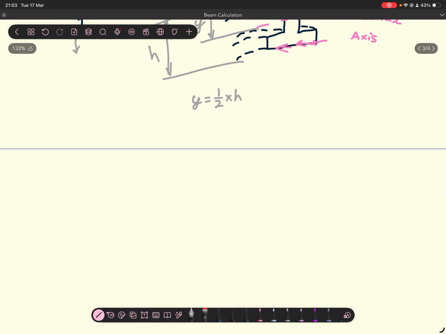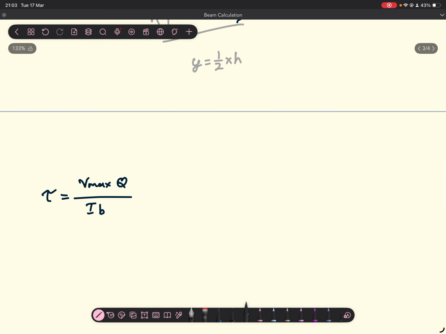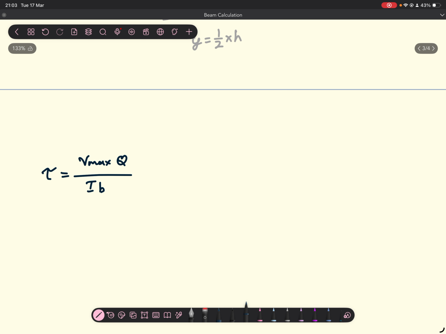Cool. Then for your shear stress, your maximum shear stress is given by this equation. Okay, and your maximum shear stress will always be at the centroid of your section, right?